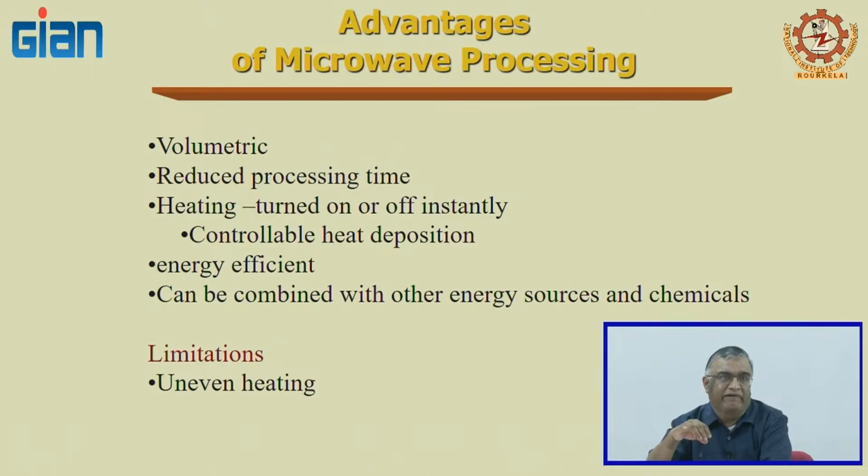Whereas with microwave, you can turn it on, it heats. When you turn it off, no microwave is delivered, so it cuts off that heating. You can also deposit that microwave in a particular shape and size. It is much more energy efficient. It can be combined with other energy sources and chemicals.